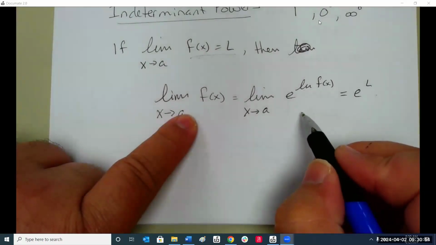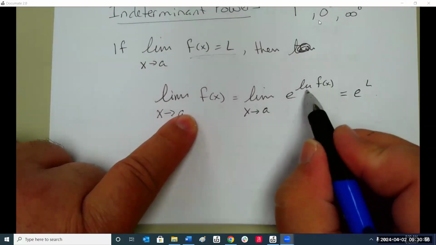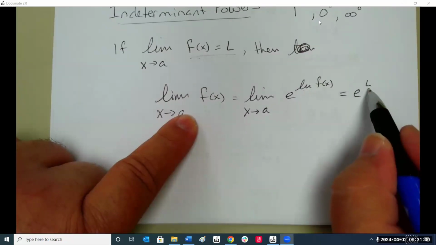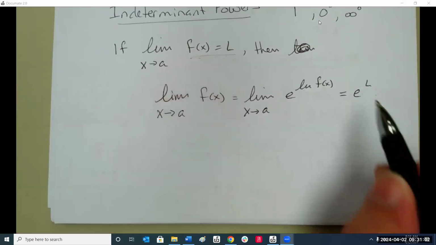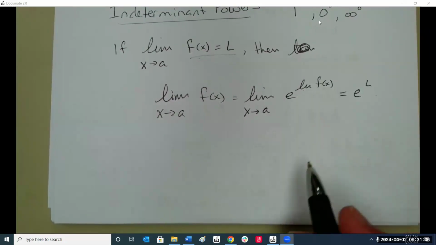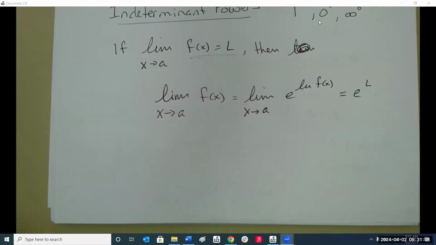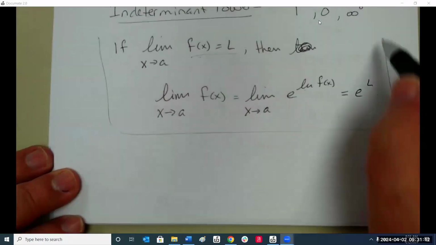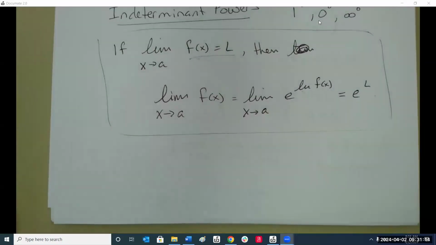These two are the same thing. But we know the limit of the f of x function is L, so the limit of ln of L is just L.